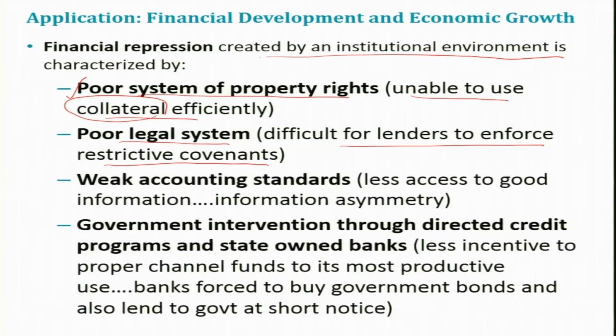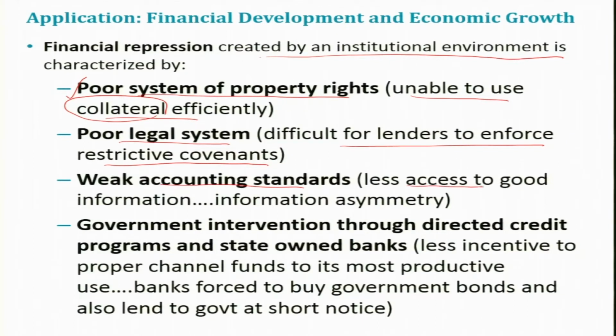Then come weak accounting standards. In order to reveal information honestly, independent auditors and accountants are normally appointed, but as per research and many reports, the accounting practices in most developing countries are often weak.